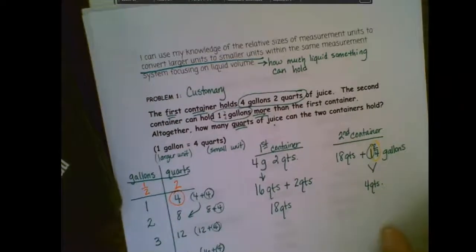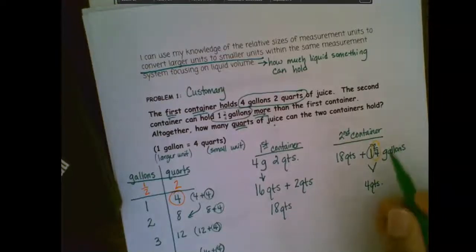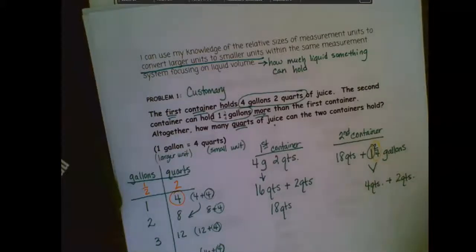So I know that this 2/4 equals 2 quarts. So I'm going to go ahead and add 2 quarts to my 4 quarts. That's going to give me 6 quarts. Okay?